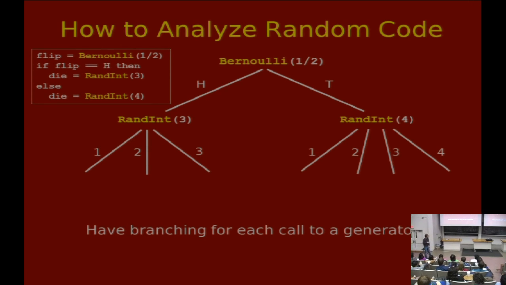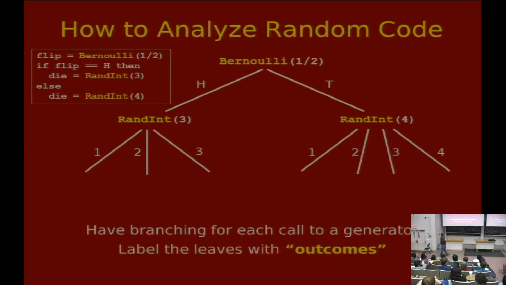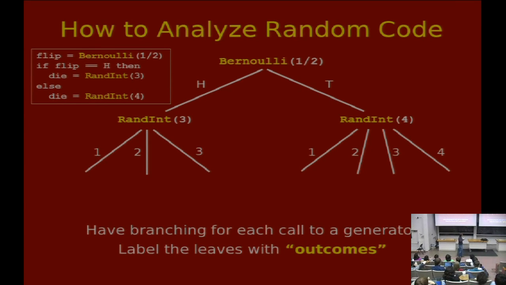Then you've covered all the lines of code, and now you label the leaves with what are called the outcomes. The outcomes just means the list of all returns from the random number generators along that path. So this is the outcome, heads then 1, heads then 2, heads then 3, etc.